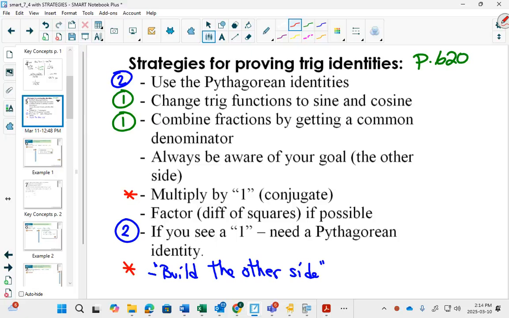Well, the conjugate of x plus 3 is the same thing with the different sign in the middle. It's what comes together to make a difference of squares. So it's very connected to a difference of squares strategy.